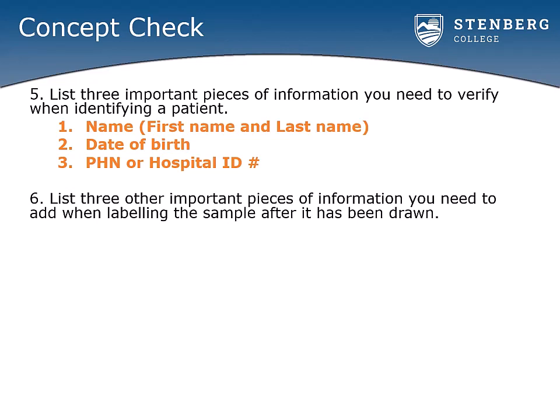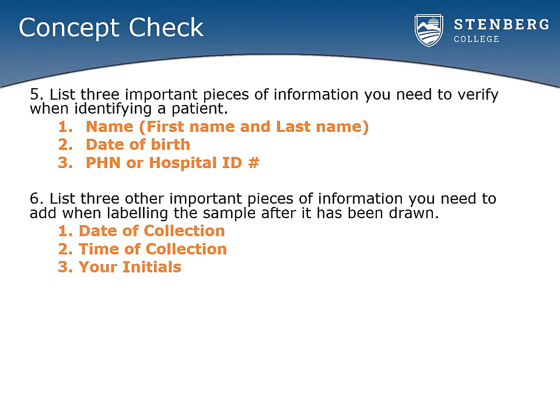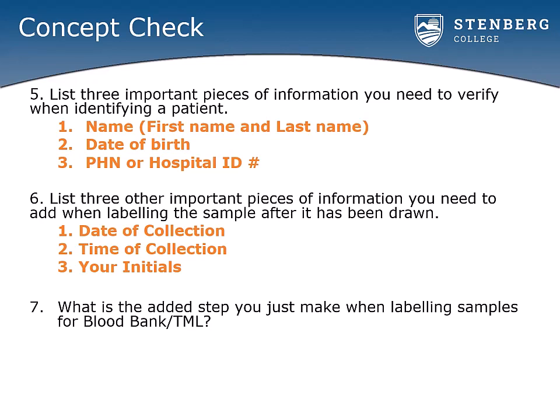Question 6. List 3 other important pieces of information you need to add when labeling the sample after it has been drawn. The answer is date of collection, time of collection, and your collector initials, so they knew who drew the sample. Question 7.